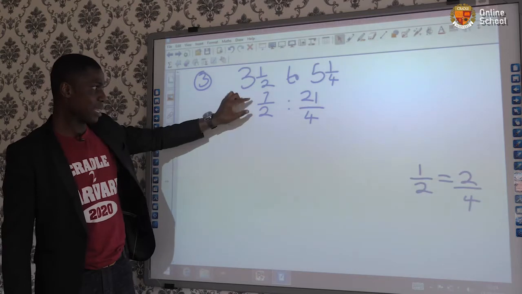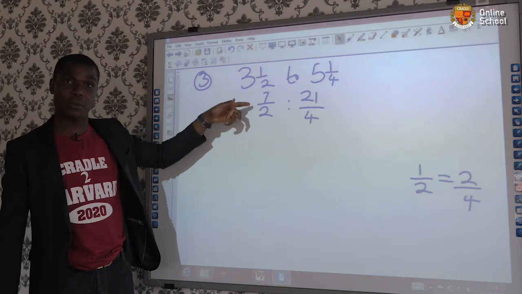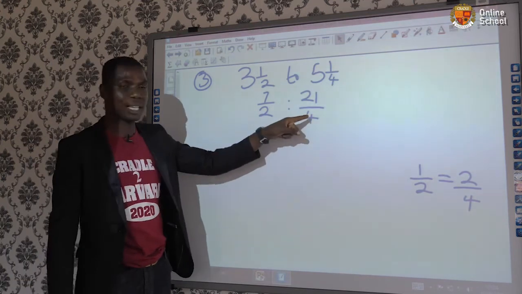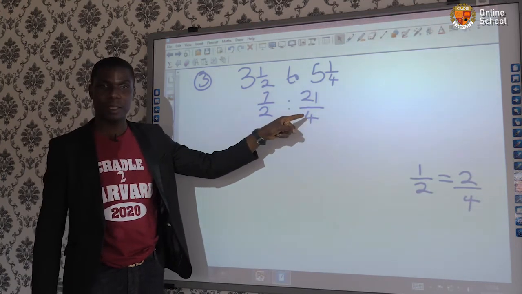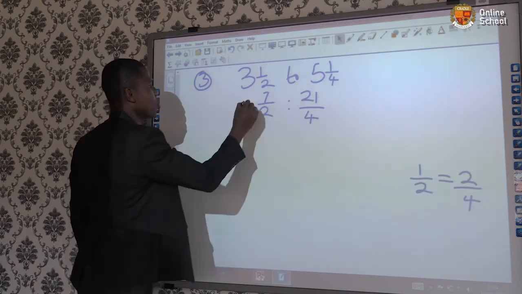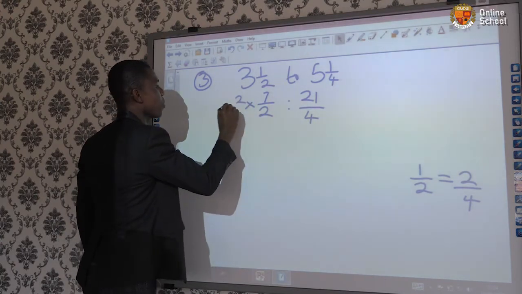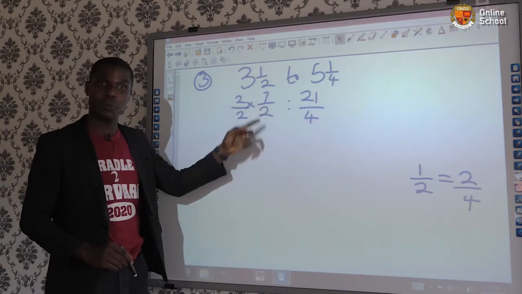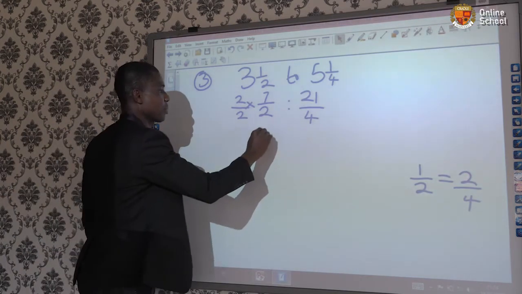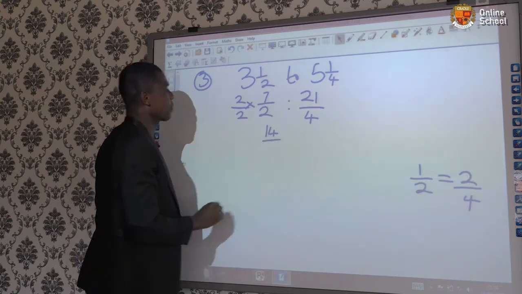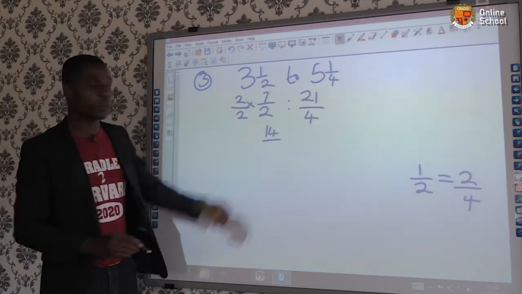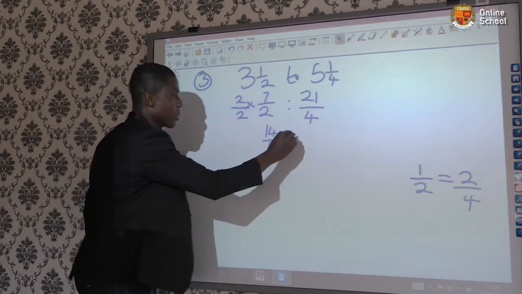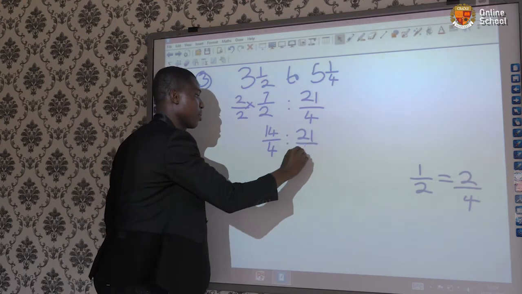Let's build up the equivalent fraction of 7 over 2 so that we can have the same denominator. Are you with me? So what do we do? Times 2 over 2. 7 times 2 is 14 at the numerator, divided by 2 times 2 is 4. Of course, we have 21 over 4.